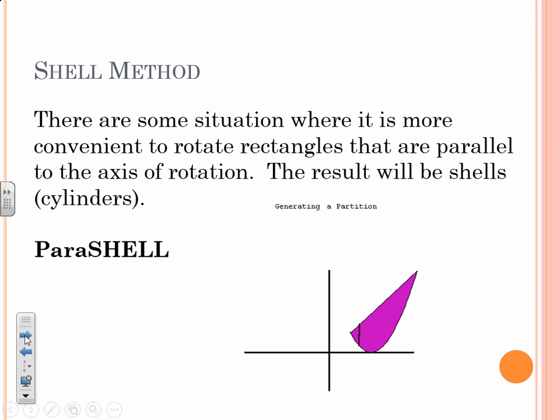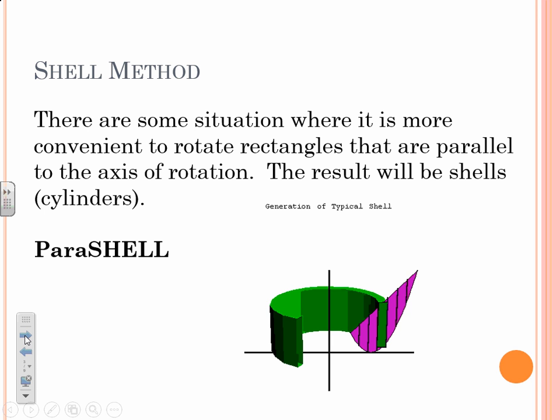Okay. So, do you recognize this? That's the picture I drew on the very first slide, right? Okay, so instead of breaking those up into horizontal bars, I'm going to break them up with vertical rectangles and rotate them around. If I rotate that around the y-axis, can you see how it makes a cylinder shape?